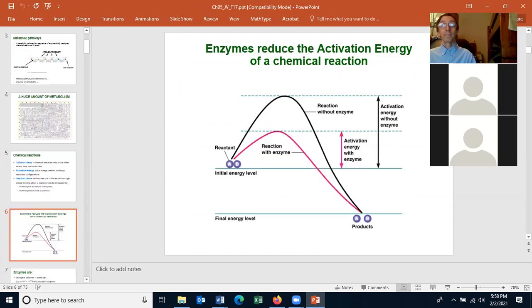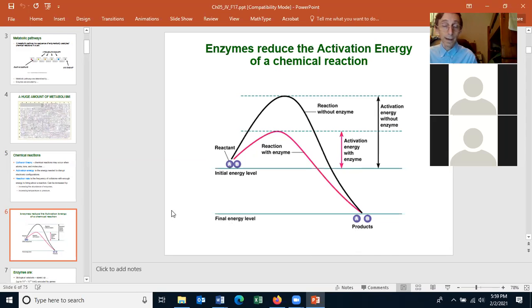Here is a chemical reaction, and we're seeing the reactants on the y-axis have a certain level of energy, which is why we're putting them there, and the products have a lower level of energy, which is why it's lower on the y-axis. On the x-axis, they're just showing you time.